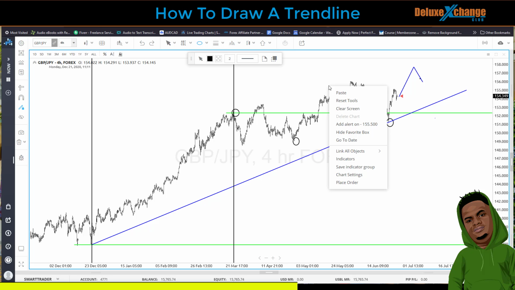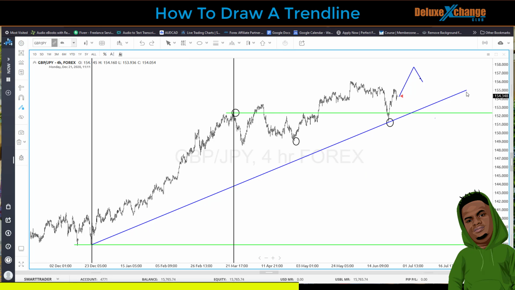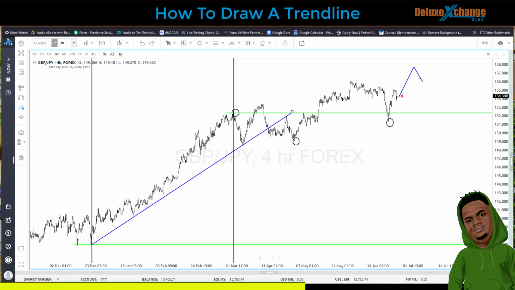At this current point, my trend line is going to be, when I swing up to this point, right here. See, it would have touched here first if we're looking within these two lines, the two black vertical lines here.